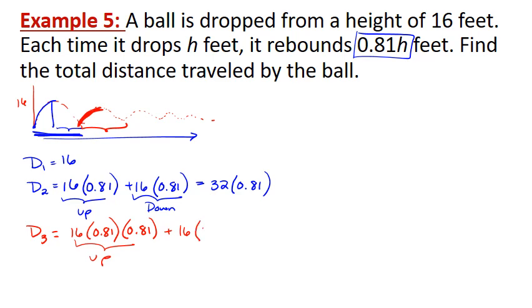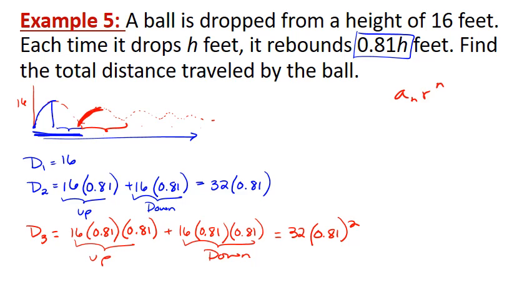Same thing for the distance down. And I can write this as 32 times 0.81 squared. Okay, well, this is showing us that when I add all of these together, I'm going to end up with a geometric sequence, because this takes on a sub n r to the power of n.